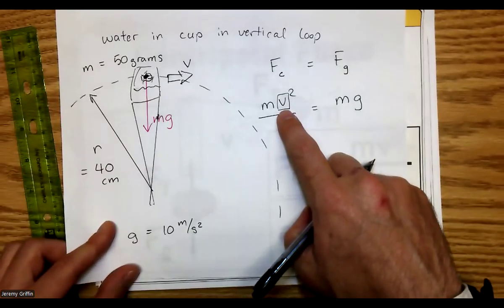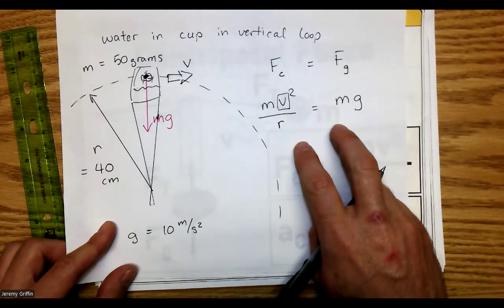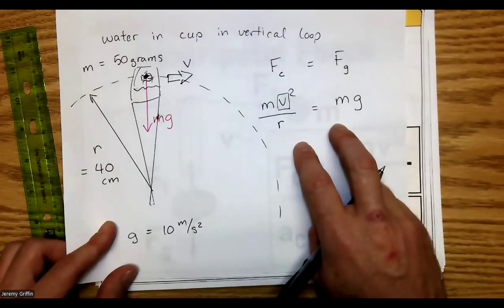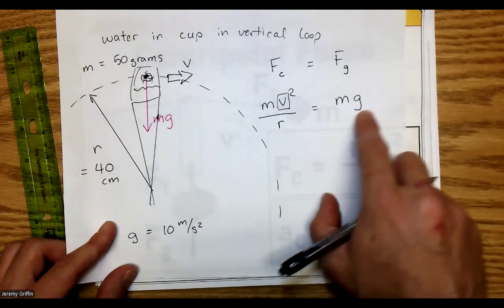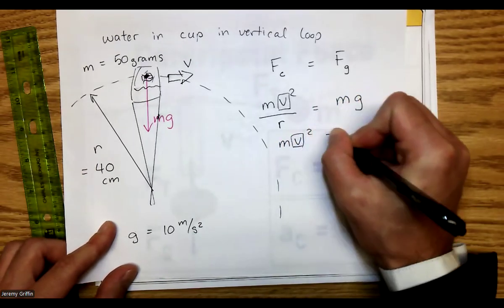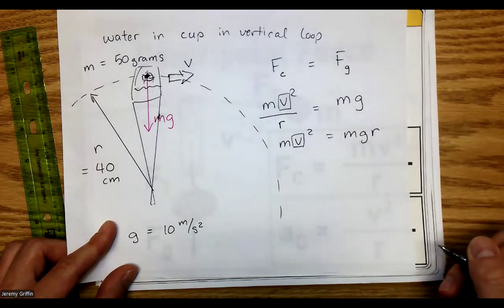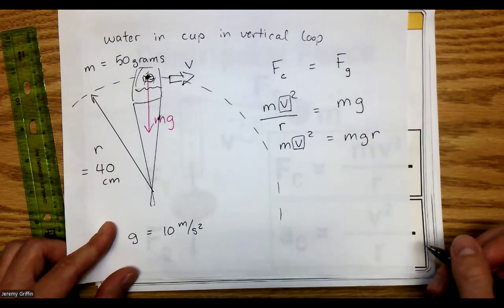So if I want to solve for that v, I need a couple of algebra steps. What's the next algebra step? Multiply both sides, cross multiply the radius. So now mv squared equals mgr. What's the next algebra step? Does anything cancel out?